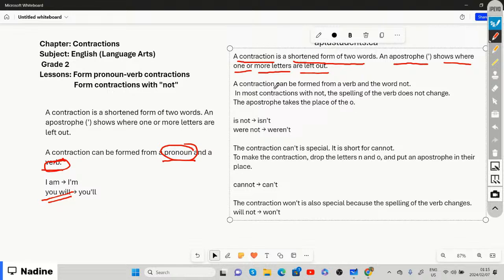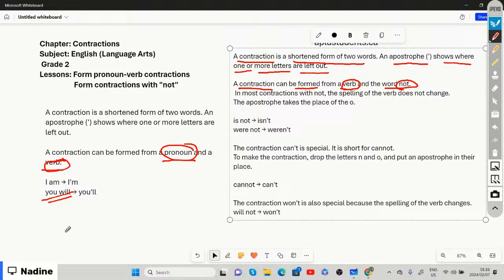But over here, it says a contraction can be formed from a verb as well as the word not. So the verb, which is the action, and the word not.